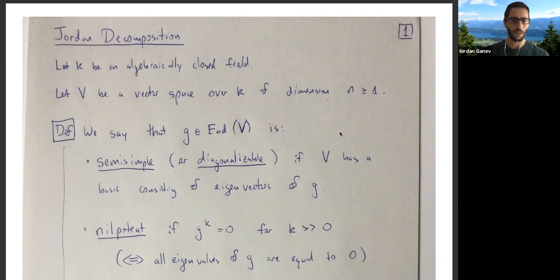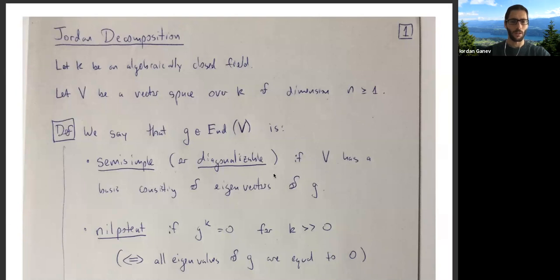And some terminology. First of all, an endomorphism G of V is semi-simple or diagonalizable, I'll use the two terms interchangeably, if there's a basis of V consisting of eigenvectors of G. In other words, if we write G as a matrix in this basis, then G is just diagonal.